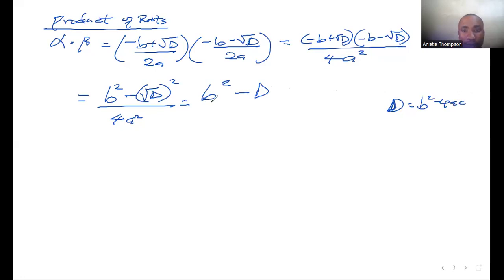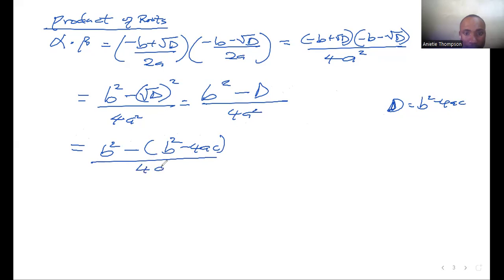So I will write this as b squared minus d over 4a squared, which I will write as b squared minus bracket b squared minus 4ac over 4a squared. If you open this bracket, you will have b squared minus b squared, minus times minus, inside there we have positive 4ac, divided by 4a squared. This is 0 here.